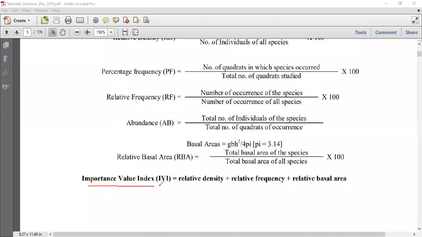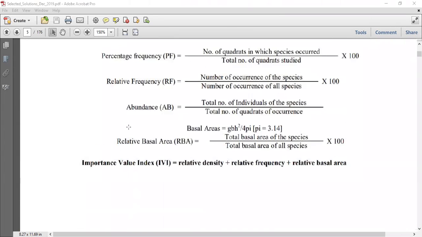And at last, the importance value index is the sum of relative density, relative frequency, and relative basal area. So these things make the importance value index a very good tool in ecology and forestry.